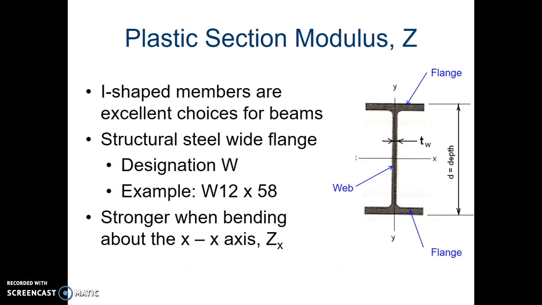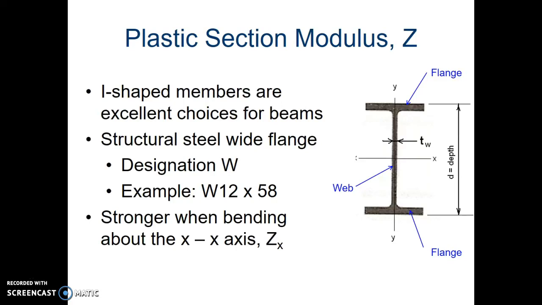So our beams are going to be I-shaped. That's what they look like right over here on the right-hand side. They are I-shaped members, and they are excellent choices for beams. We will be looking at what are called wide flange beams. They are designated by the letter W. A beam example would be a W12 by 58.